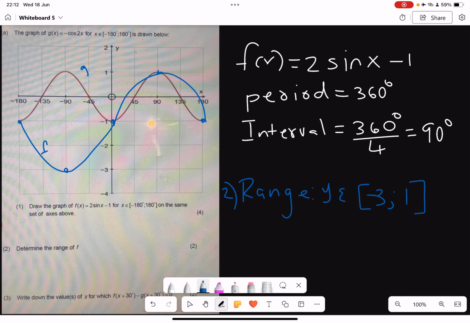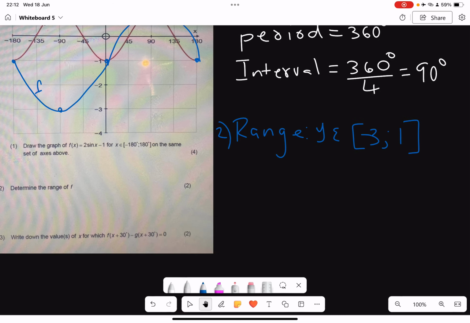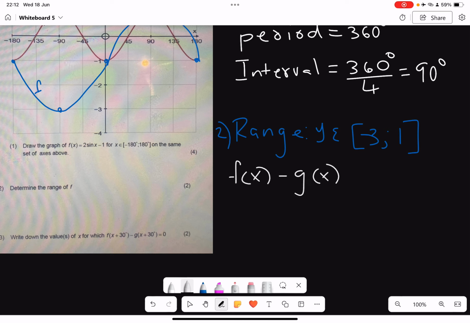And then the last thing, they want us to determine where f of x plus 30 minus g of x plus 30 equals 0. So firstly, here we can start by getting f of x minus g of x equals 0. And then all those points, we are going to move them 30 degrees to the left, because I can see that for f of x plus 30, we are basically moving a point on f 30 degrees to the left.